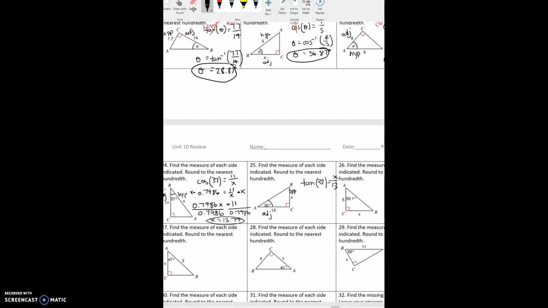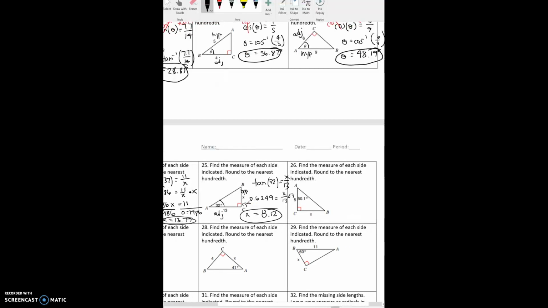Tangent of 32 is approximately 0.6249. Multiply both sides by 13. And x is equal to approximately 8.12.